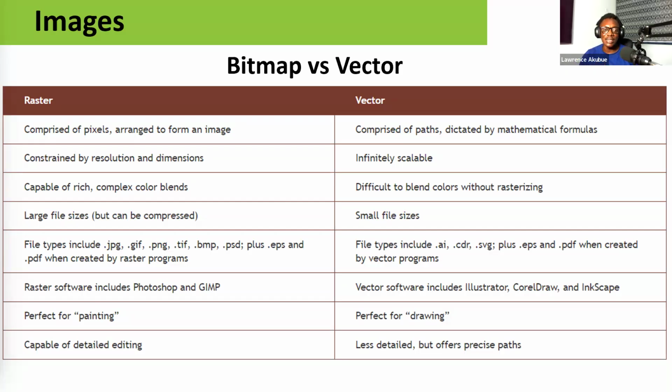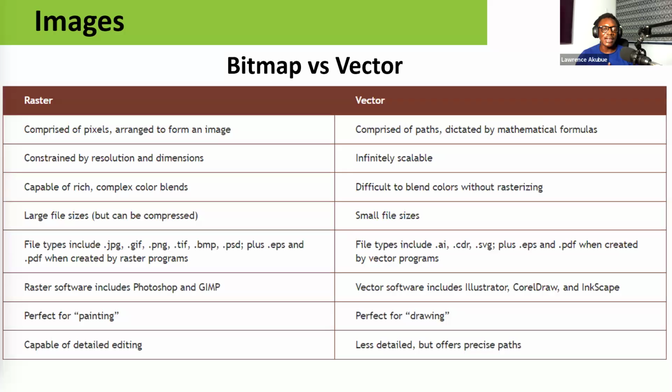But you need to understand some of these things. Raster is constrained by resolution and dimensions, while vector is infinitely scalable. Infinite scaling means that if you keep on zooming a picture, you're going to get to a point where things are blurred and it begins to appear like a collection of boxes.